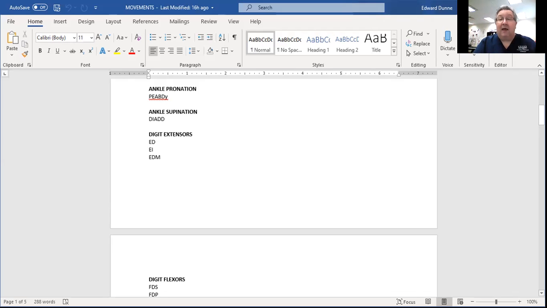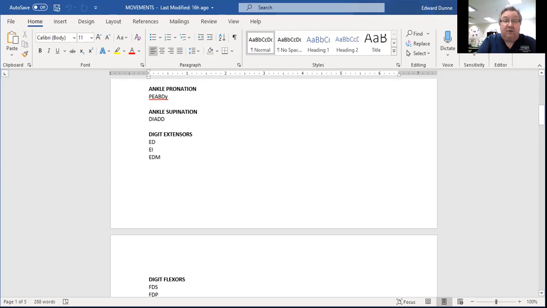Again, ankle pronation is a combination movement of plantar flexion, eversion, and abduction of the ankle, while ankle supination is ankle dorsiflexion, ankle inversion, and ankle adduction. Okay, so that's everything at the ankle.